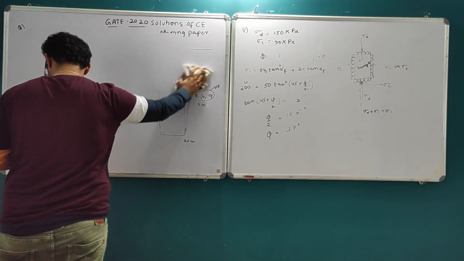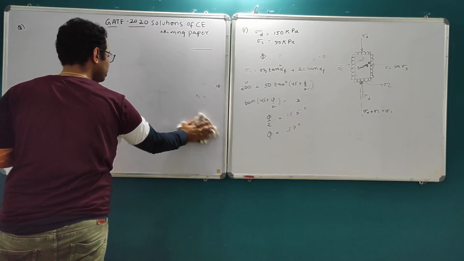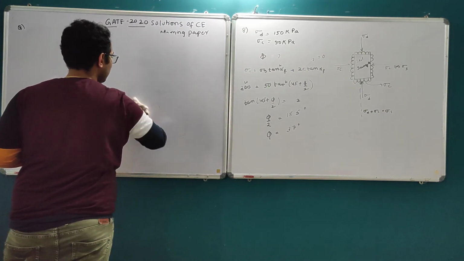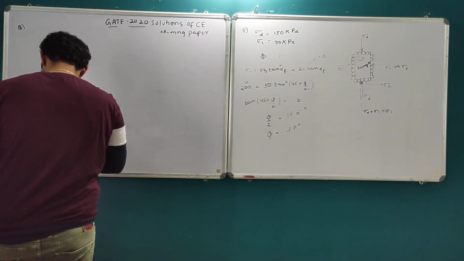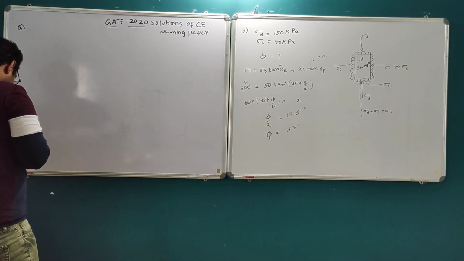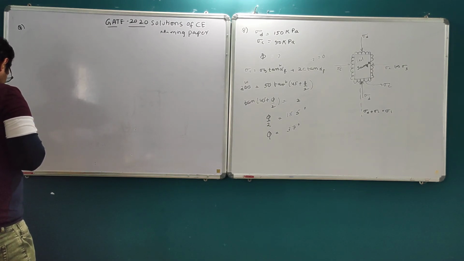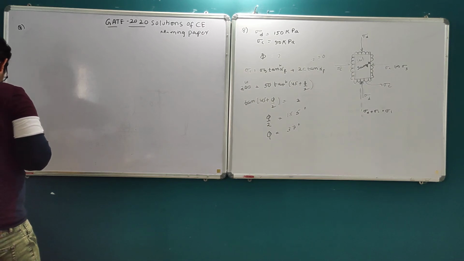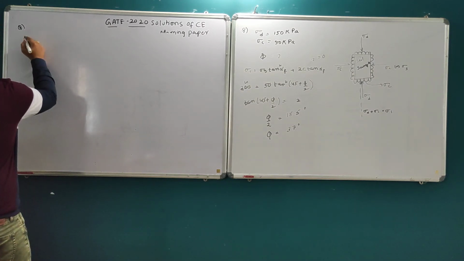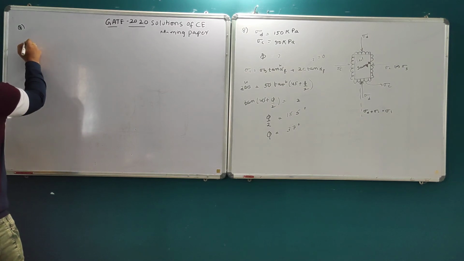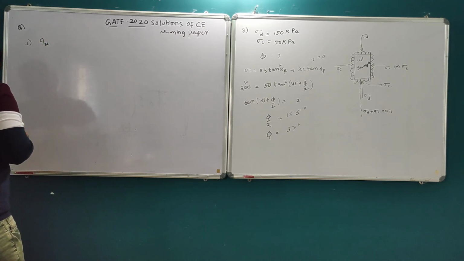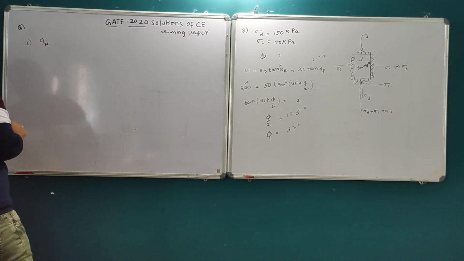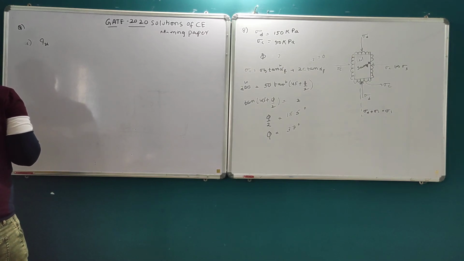The ultimate bearing capacity of a strip foundation on a surface of a sandy soil increases in direct proportion to the width of the footing. So the question was like this. The first statement was: ultimate bearing capacity of a strip footing supported on soil increases in direct proportion to the width of the footing.